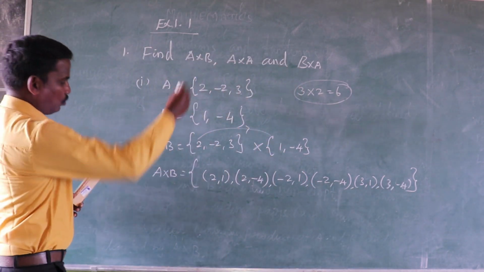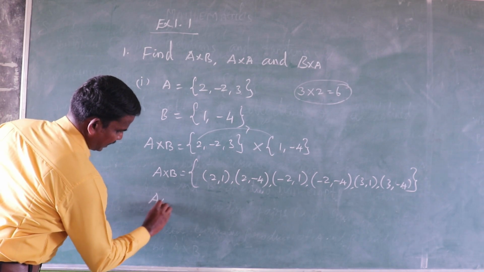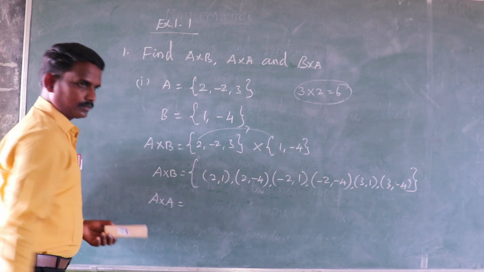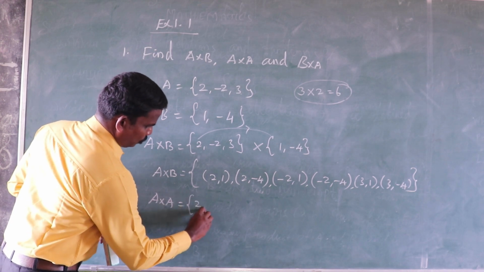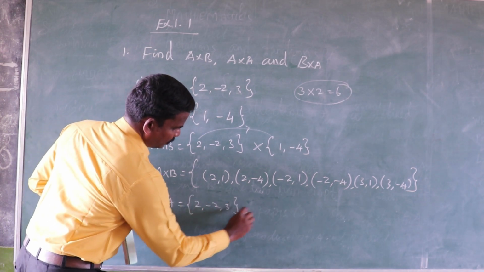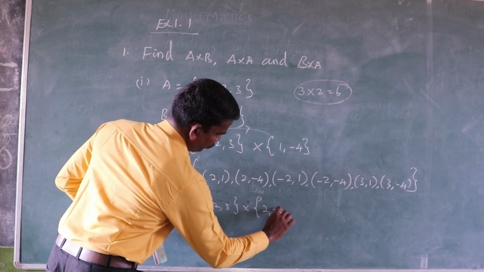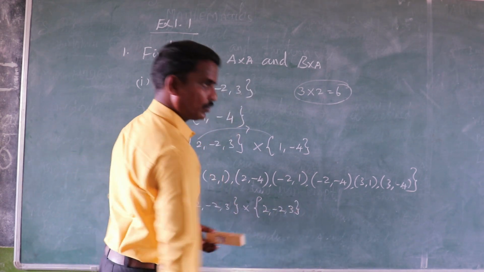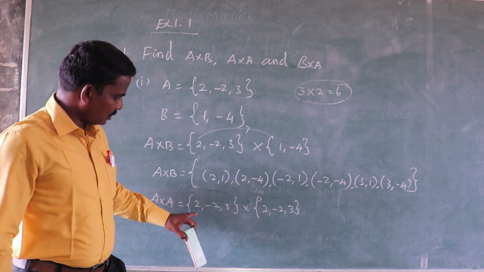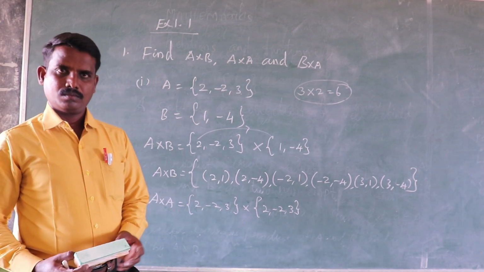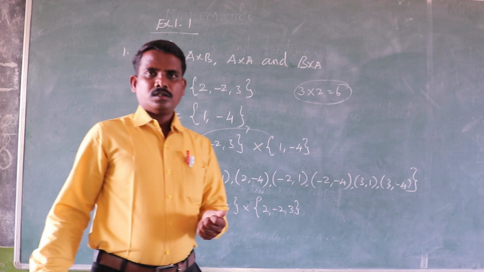Like that, the second one, A cross A. So A is 2, -2, 3 cross 2, -2, 3. Listen, how many elements are in A? Okay, 3 elements.